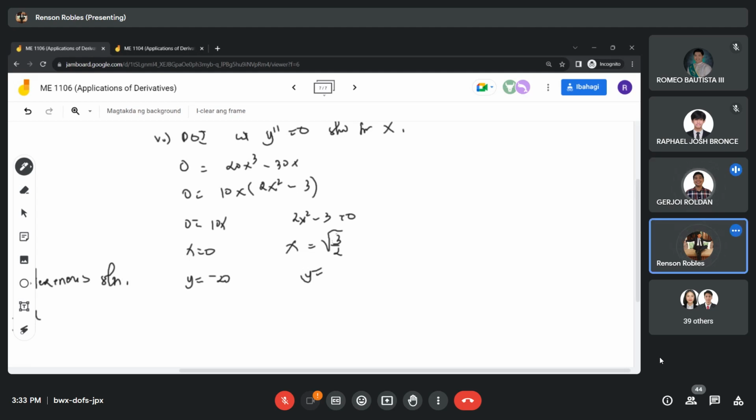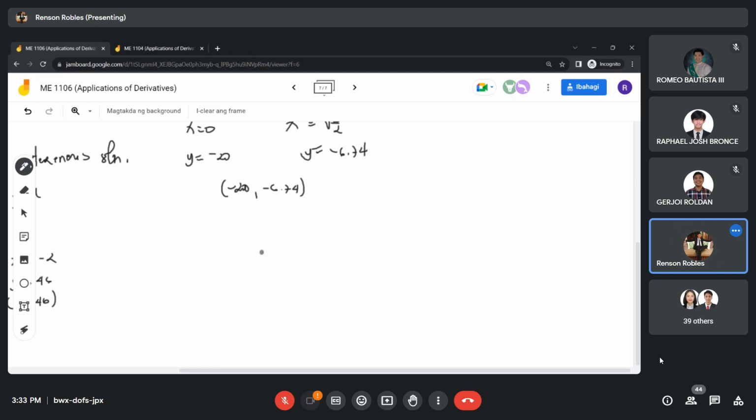The answer is negative 6.74. So you have negative 20 and negative 6.74. And then we can now sketch the curve.